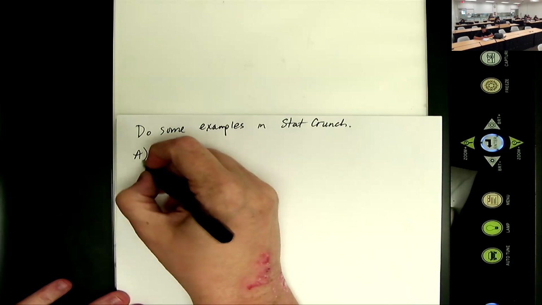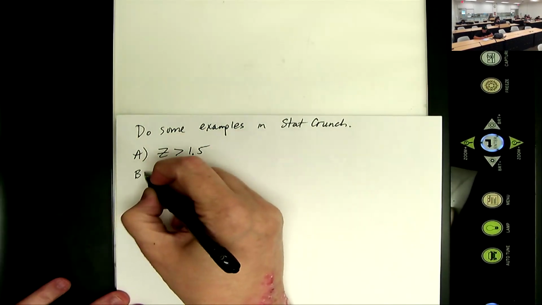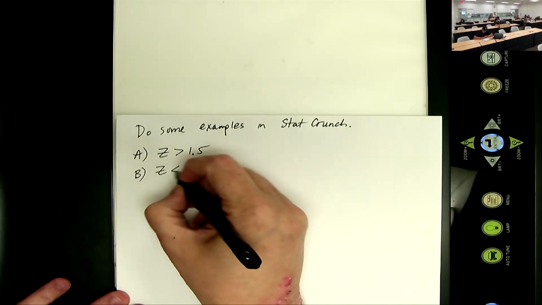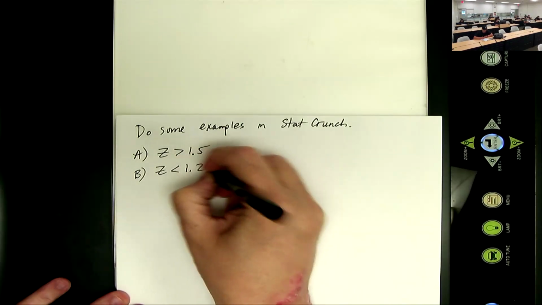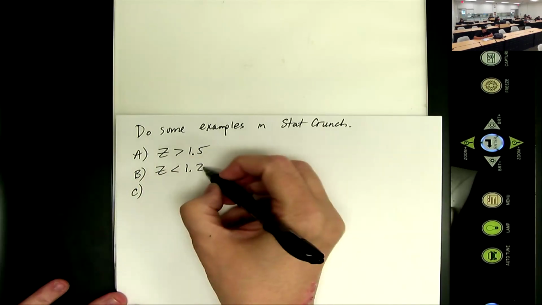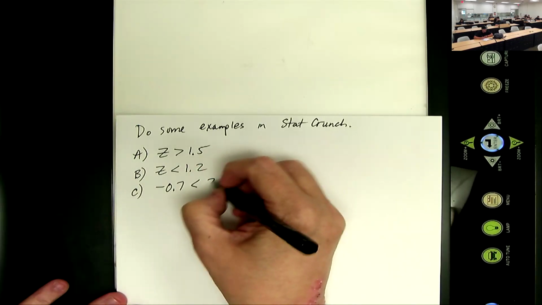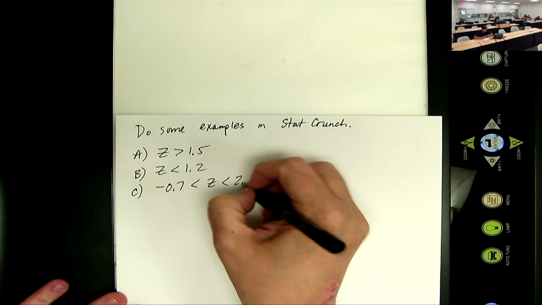So maybe we'll do A, Z is greater than 1.5. B, Z is less than 1.2. C, negative 0.7 is less than Z less than 2.1.